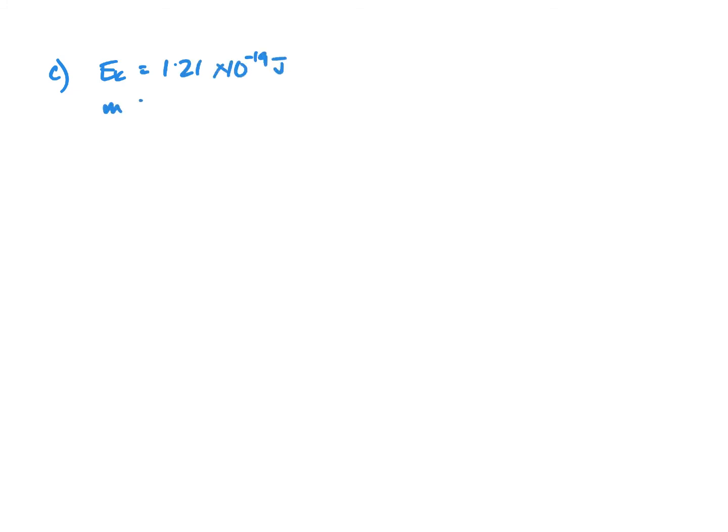The mass of the electrons I'd written over the page from the data sheet as well. We're using that to work out v. So now we can use EK equals a half mv squared. Plug in our values.